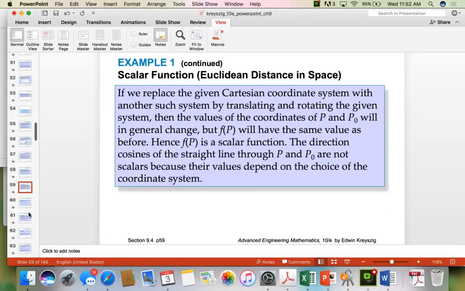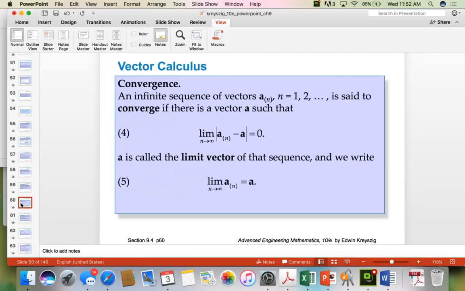And it's possible that you can do this in a different coordinate system. So even if you did this in spherical coordinates, you basically would end up with the same difference. So the Euclidean distance is basically a scalar function depending on the location of the points only, and nothing else.